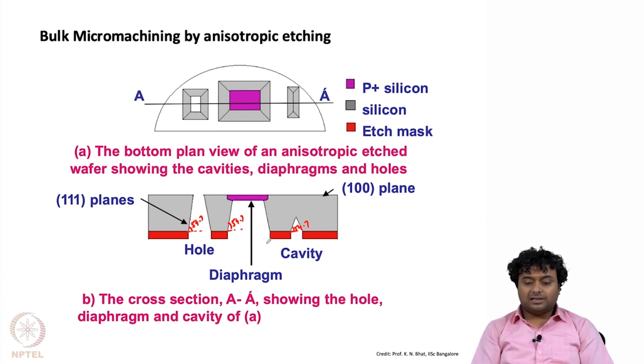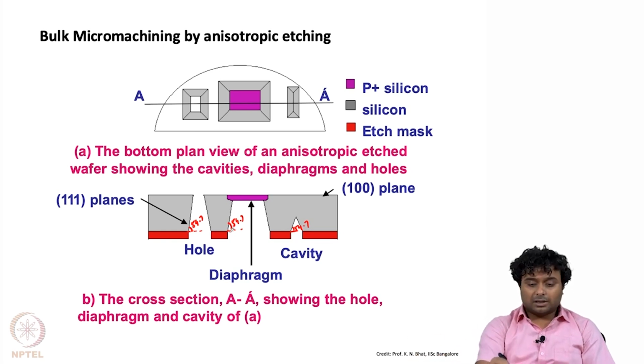And these different geometries, like membrane, through holes, or even this V-shape wall, have different applications, some of which we will see in the next module. But one kind of application for the membrane is that it is very useful for pressure sensors. So we can connect a pressure port here, and then if air pressure is applied here, the pressure will build up and make the membrane bend like this.